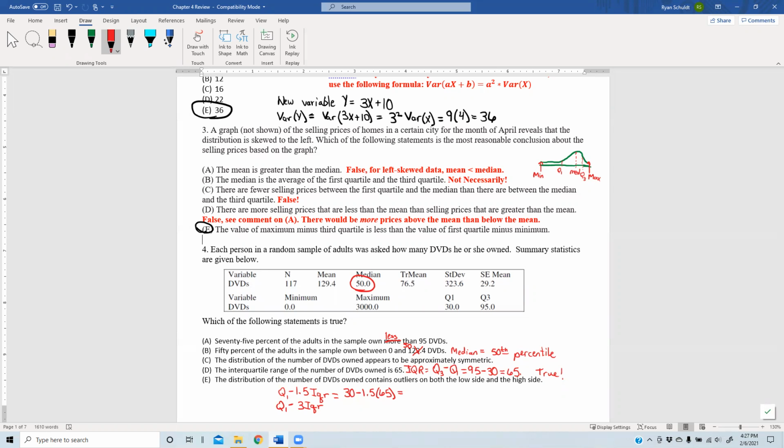So 30 minus 1.5 times 65 would be negative 67.5.